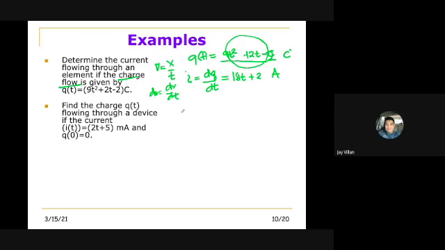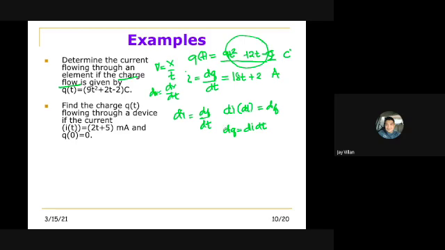Okay? So if we use the same equation, I is equal to dq over dt. So let's rearrange this. dq is equal to I times dt.